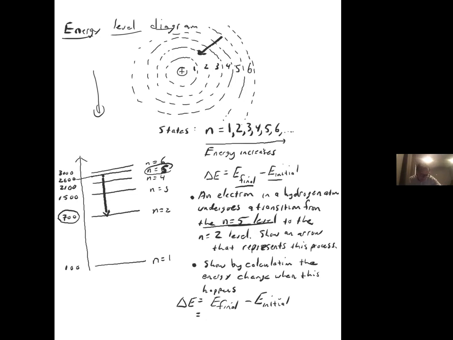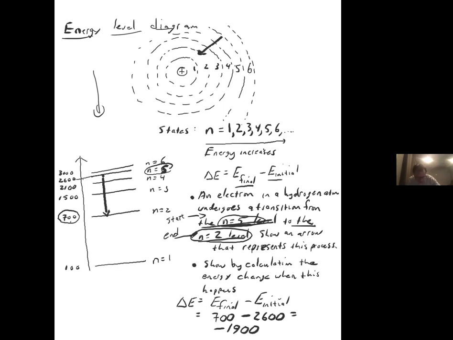My mistake. It started at n equals 5, and then it ended at n equals 2. So this is your ending, and this is your start. So it's the final minus initial. The final is where it ends up, so that's n equals 2, right over here, 700, minus the initial, which started over here at n equals 5, which is 2,600. So 700 minus 2,600, you get minus 1,900.